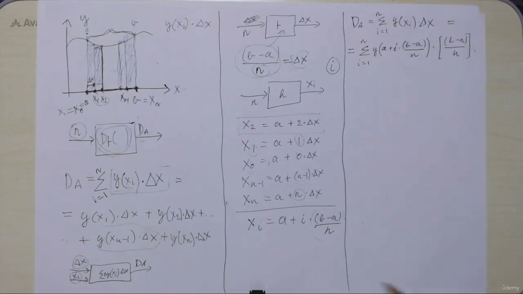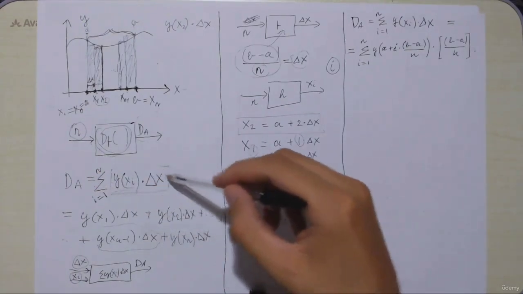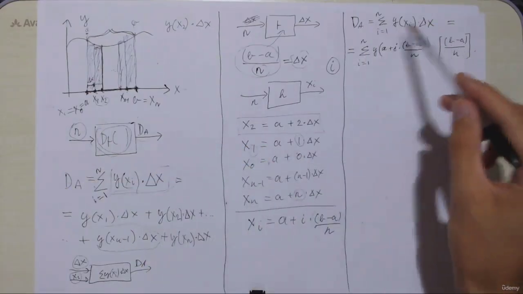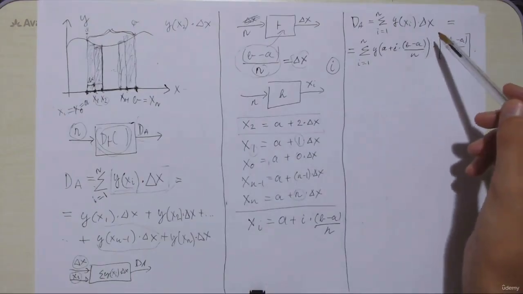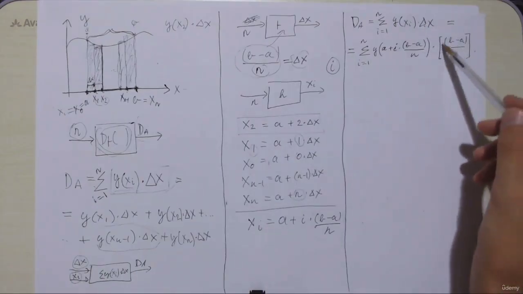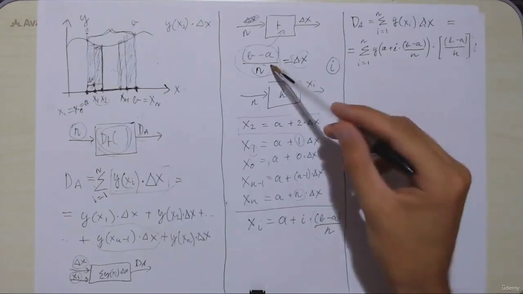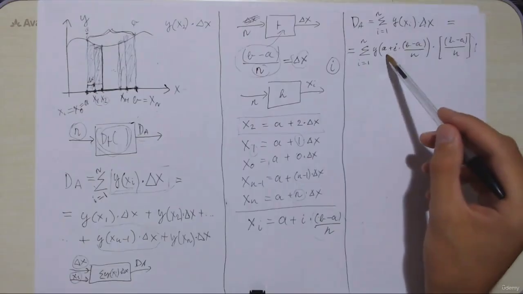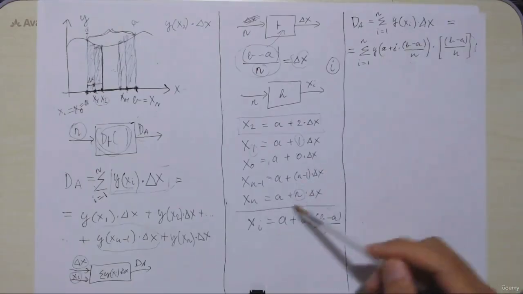And now you very simply take this function for our discrete area that I have rewritten here, and you simply substitute delta x with this expression that we got earlier, and you also substitute xi with this expression that we got earlier, this one here.